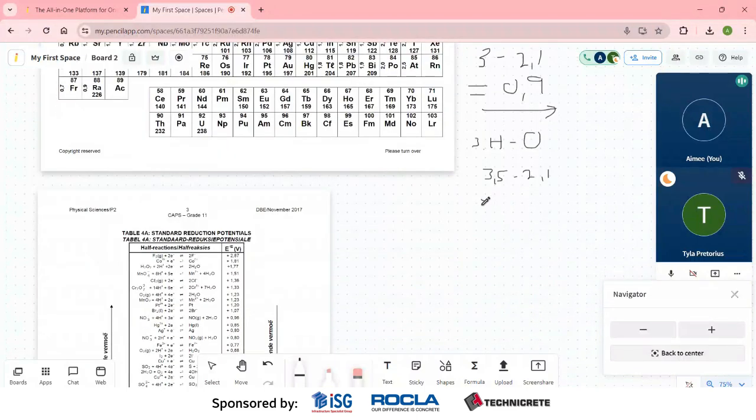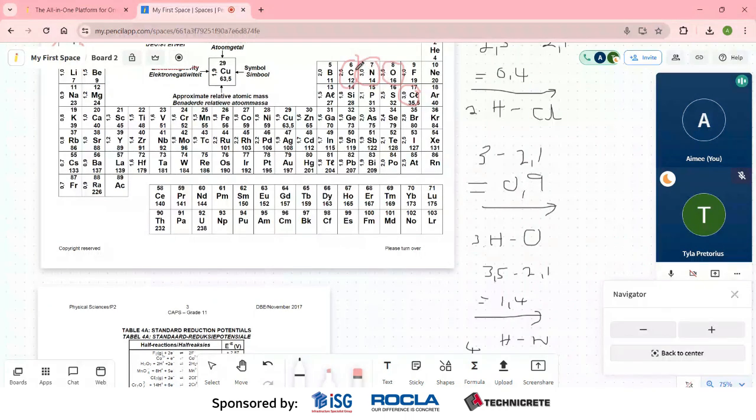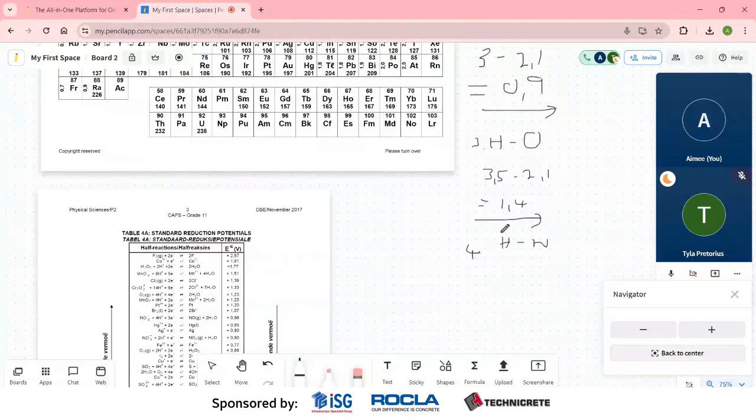That gives us 1.4. And the last one is hydrogen and nitrogen. And nitrogen is 3. So we say 3 minus 2.1 gives me 0.9.